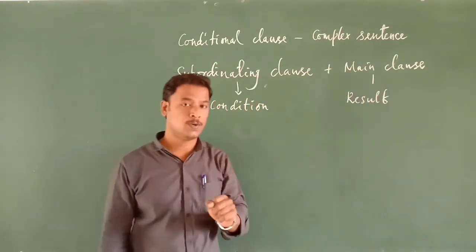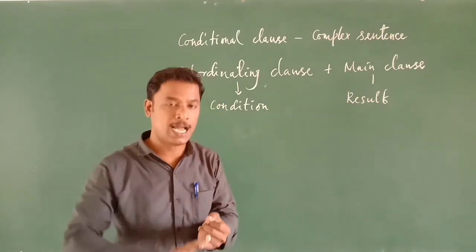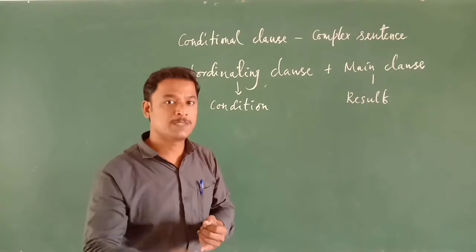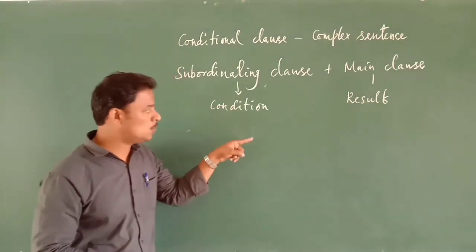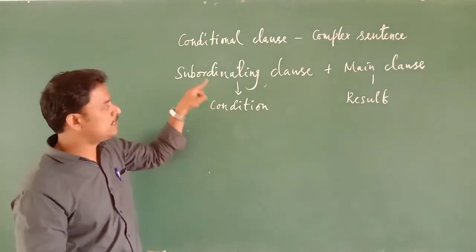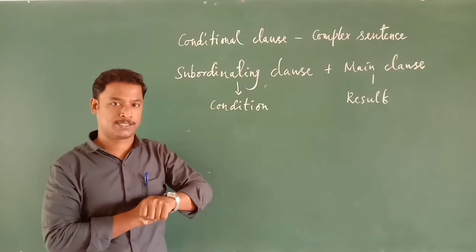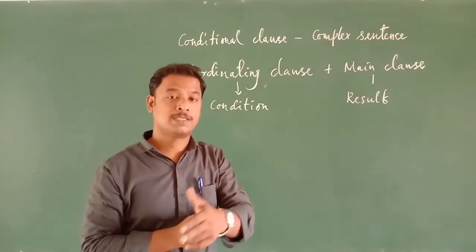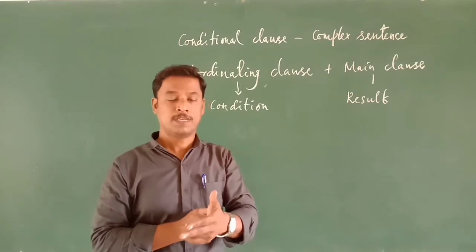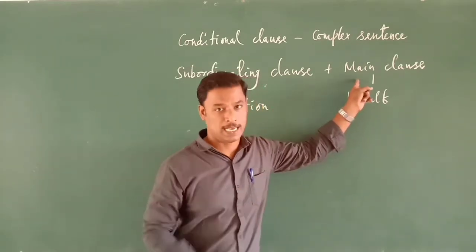As I already told you, a conditional clause must contain a condition and that condition must be followed by a result. The condition or rule or necessary situation must be written in the subordinating clause. And the result may be a positive result or a negative result, but that result must be written in the main clause.